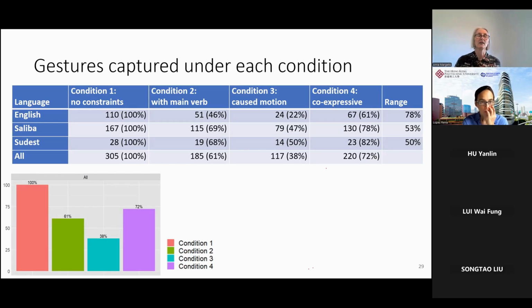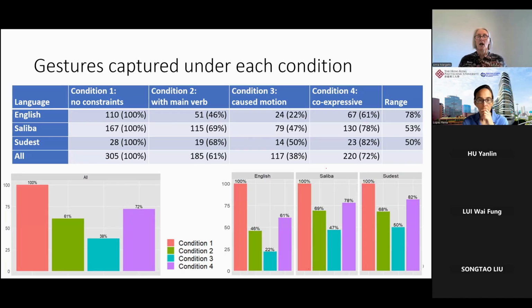The magenta bar is only gestures expressing caused motion, and the purple one is gestures expressing a similar or related meaning at the same time. We then looked at this language by language and saw that the languages showed different sensitivities to the condition choice. So let's explore that.